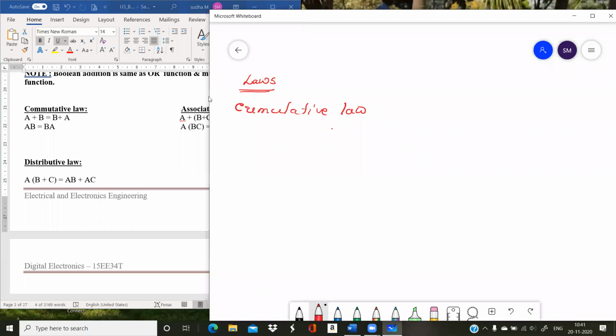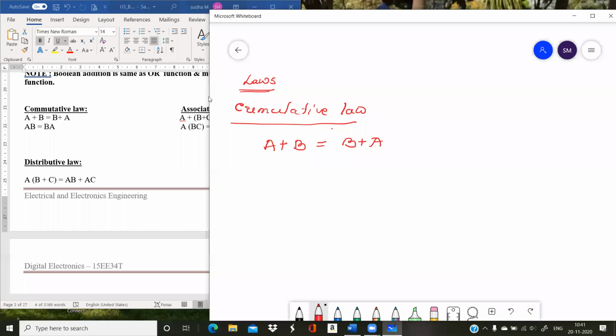This law says that A plus B, remember that A and B are variables, can be written as B plus A. A plus B, where plus is nothing but the OR function, A ORed with B, can be written as B plus A.